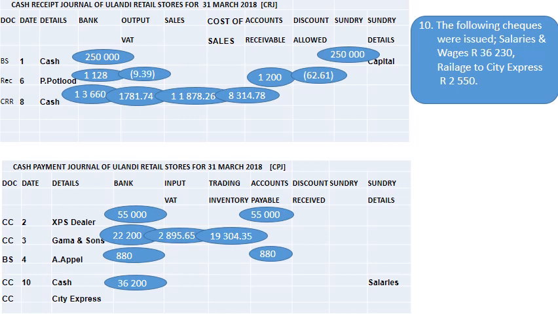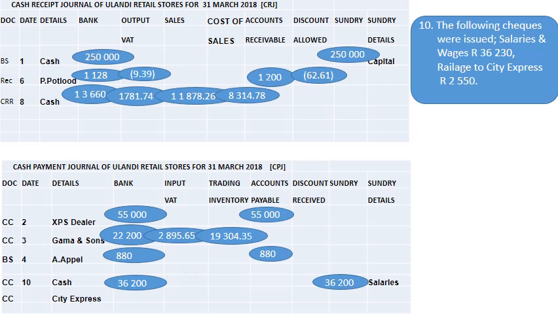Therefore, we do not calculate VAT. We will then reflect the amount under sundry column because salaries and wages are only paid once a month. Therefore, the details for 36,200 under the sundry column will be salaries.